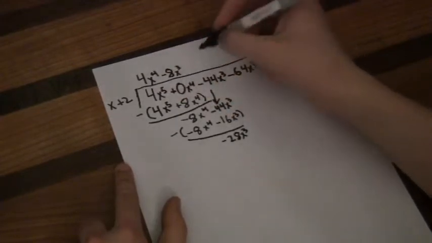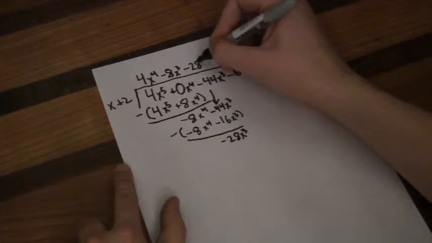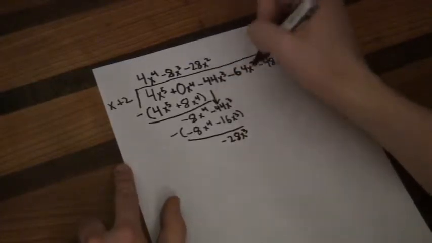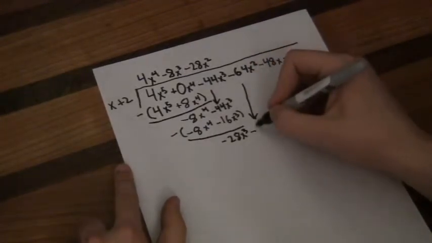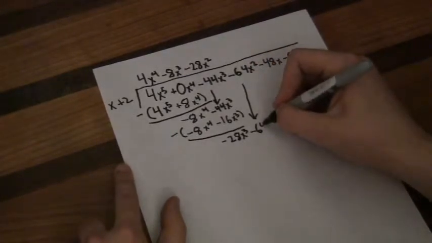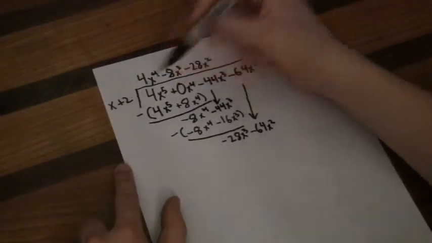Now we take out that x. We drop. We distribute x times that.